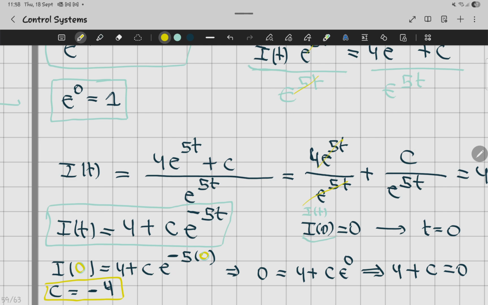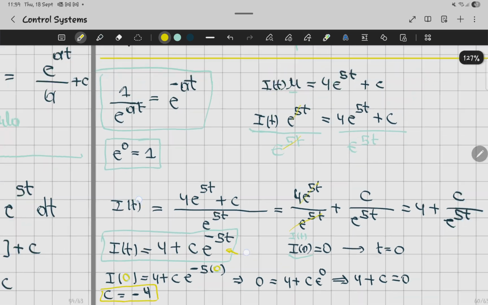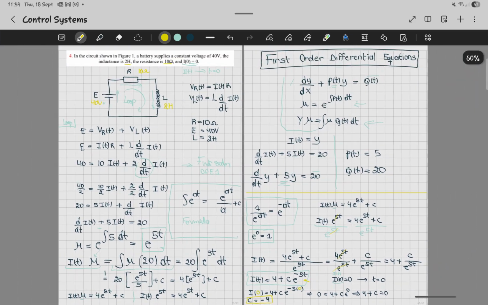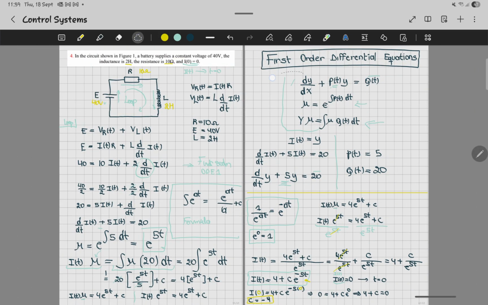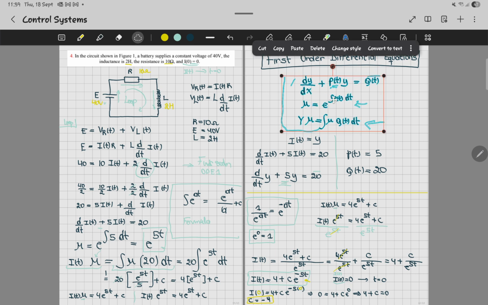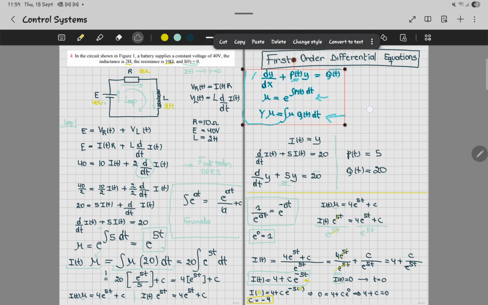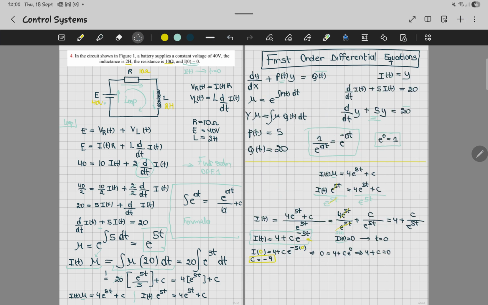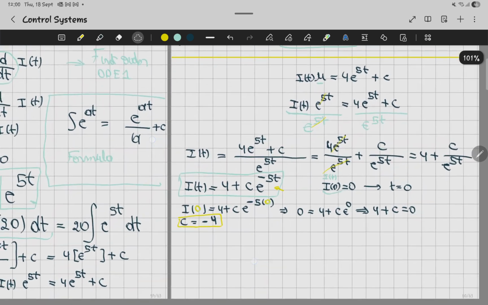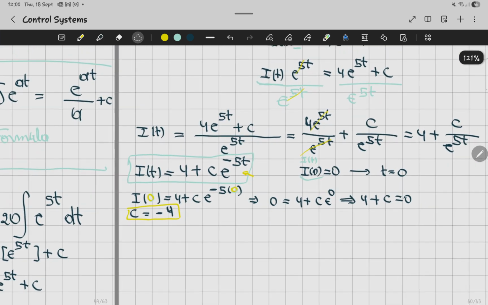Okay, so c will be equal to negative 4, and then I'm going to replace the value of c into our final equation that we got. I think I'm running out of space, so let's move this formula to this side. Okay, maybe delete a few things. So when you get to that, you just replace the value of c.